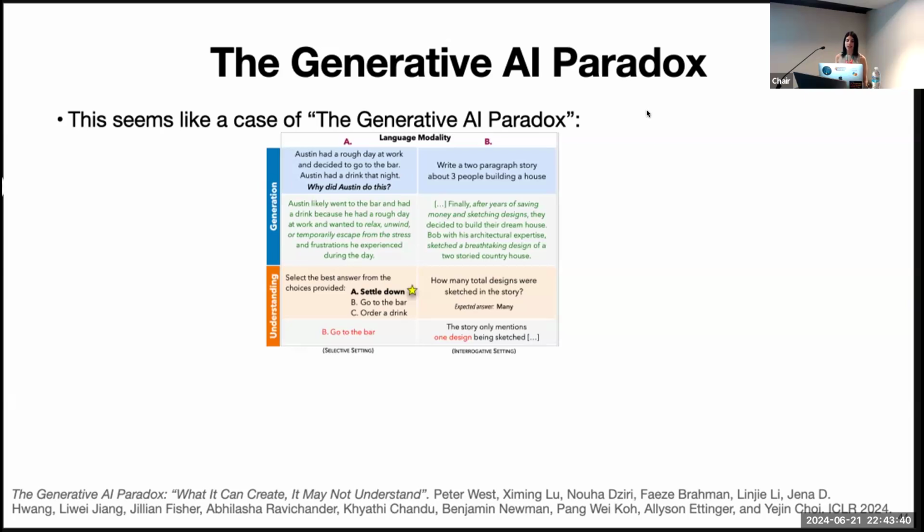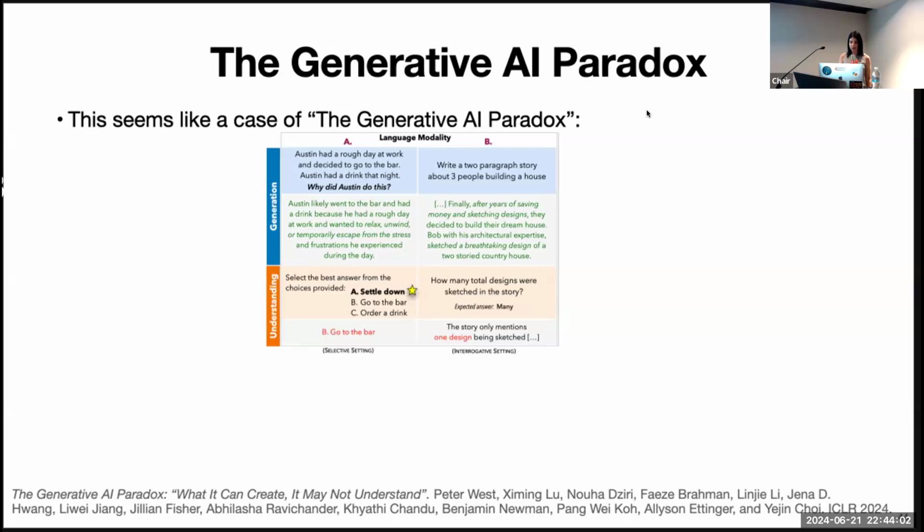So they concluded that LLMs are better at generating than understanding, which you can expect from their training objective, but it's a paradox because it's opposite to people. Arguably, if you want to generate content about something, you need to first understand it. Hopefully, you need to understand it before you write about it or talk about it.